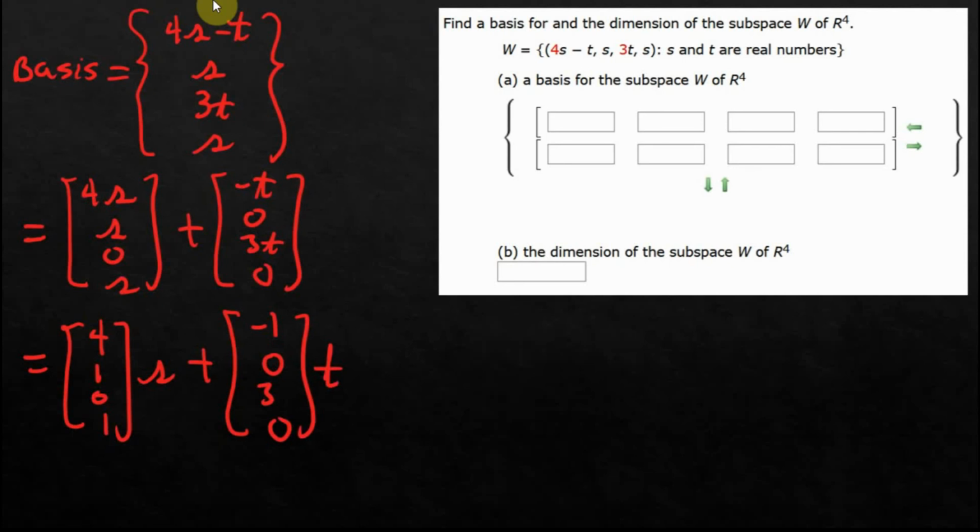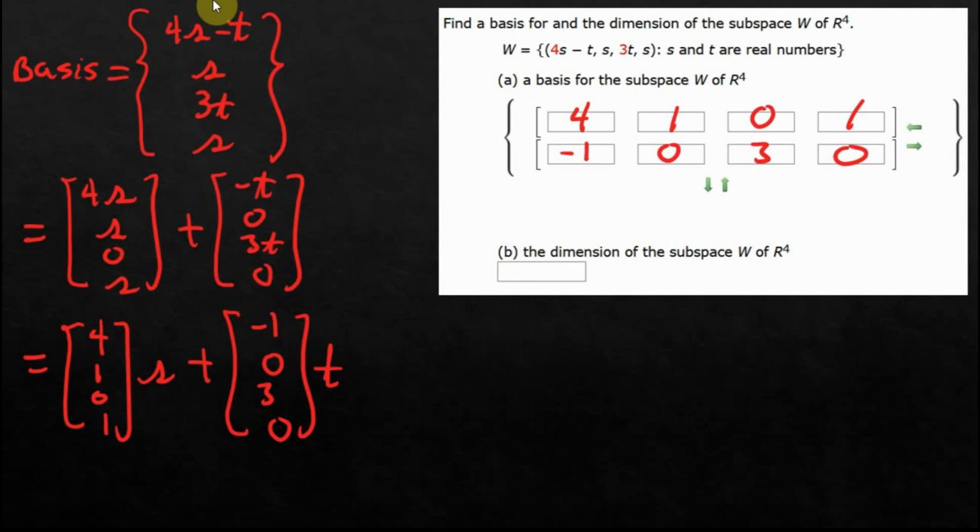So what those numbers would be is 4, 1, 0, and 1 for the first vector, the first vector for the basis for this so-called solution space. And then this is negative 1, 0, 3, and 0.